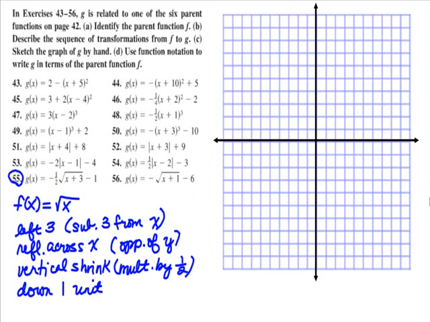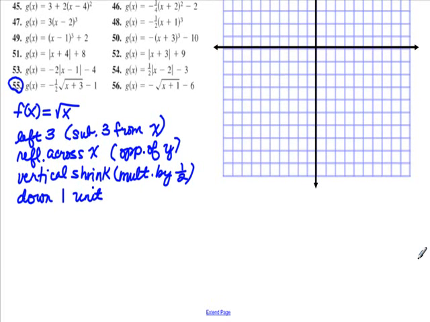So you might want to think about what are some original points on the graph of the square root of x. So if we look at our basic function, we know we have the points 0, 0, 1, 1, and we'll choose like 4, the square root of 4 is 2, and so on.